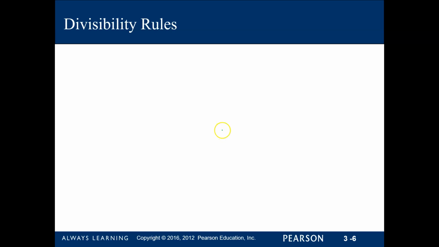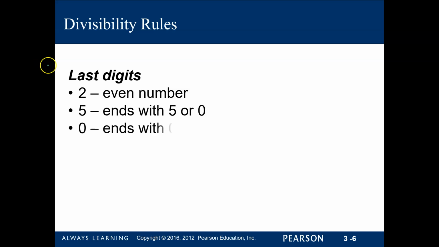Okay. Now we have some divisibility rules. We'll go over the most common ones. When you are working on any number, the easiest divisibility rule is to look at the end digit, the last digit, and check it for divisibility by 2, 5, and 10. So how do you check divisibility?